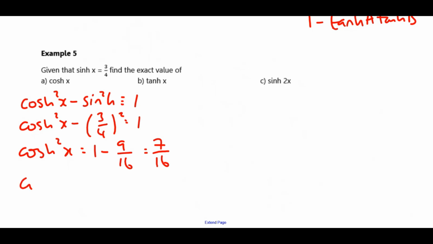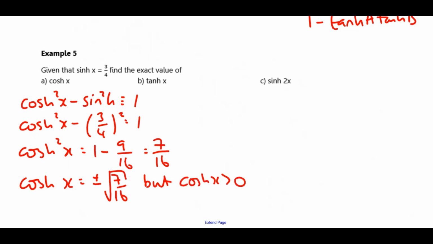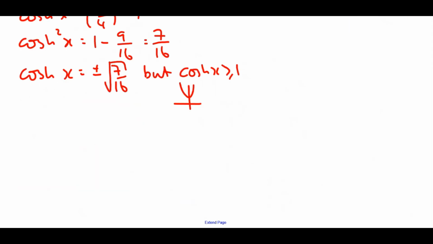And then we can square root, but we know that, sorry, cosh, not cosh squared. We know that cosh has to be bigger than 0. If you think about the graph of cosh, in fact, it's bigger than 1. Like that. So that tells me the exact value of cosh x is root 7 over 4.